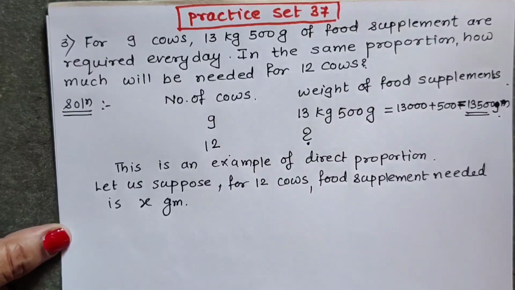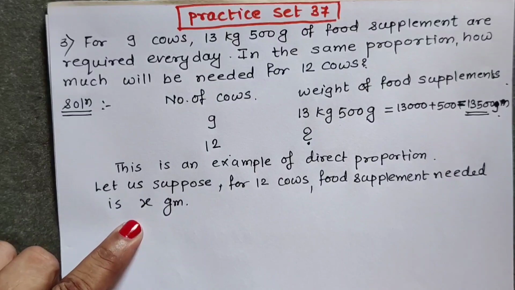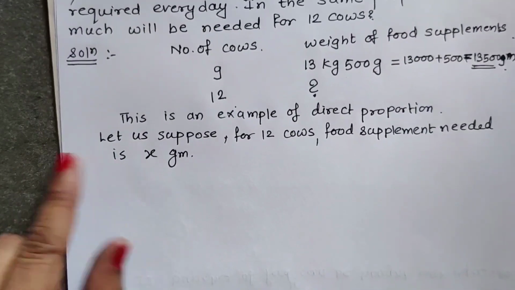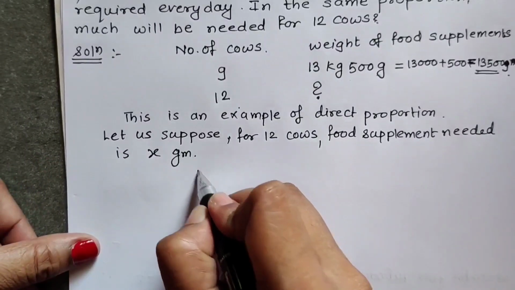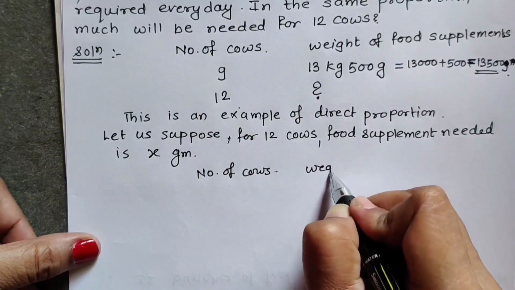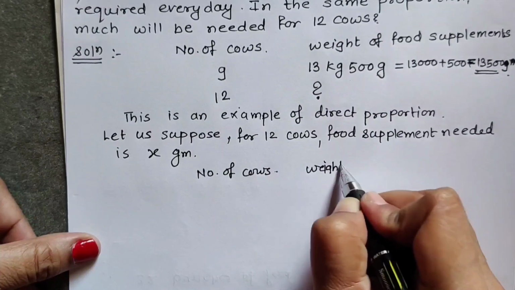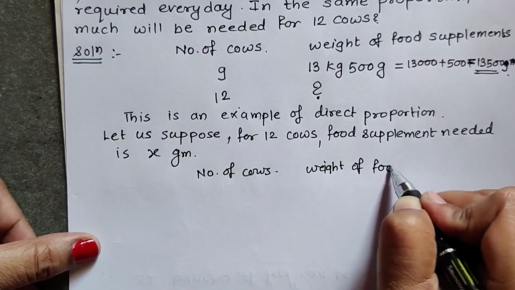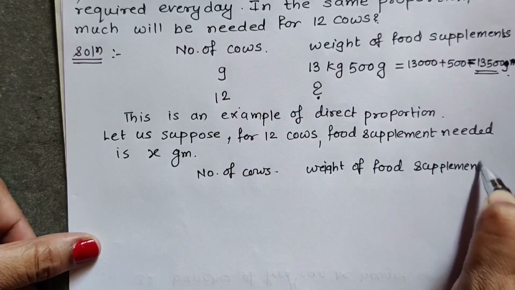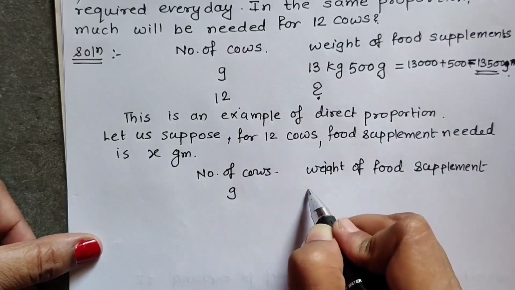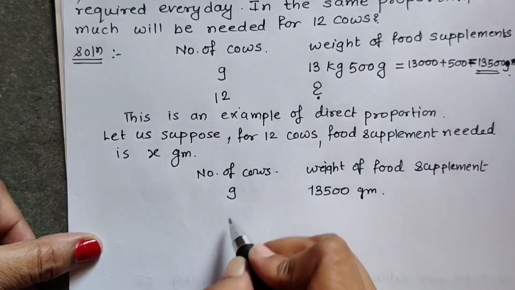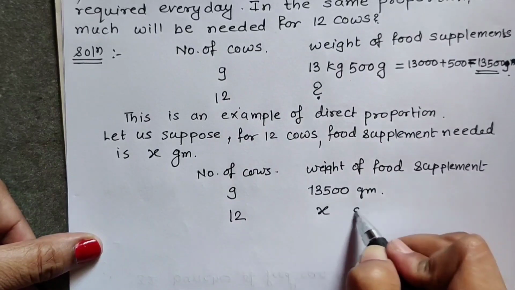We don't know how much they need, so we have taken it as X. So again I am writing number of cows and weight of food supplement. When the number of cows is 9, weight of food supplement is 13,500 gram. So for 12 cows, we have taken it as X gram.